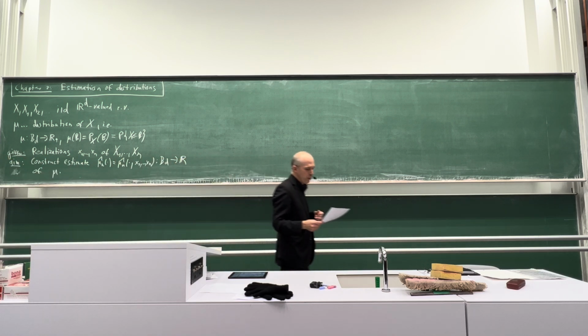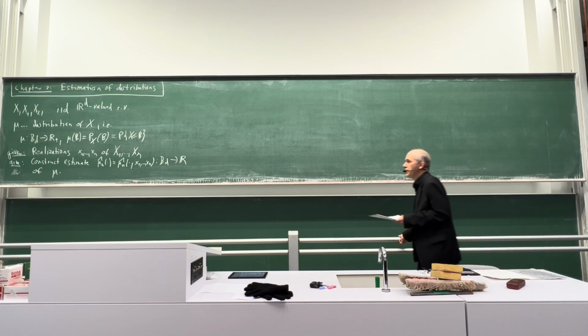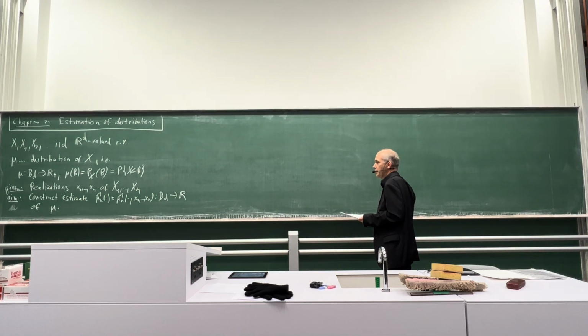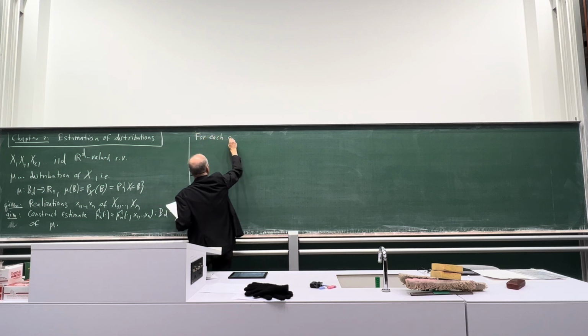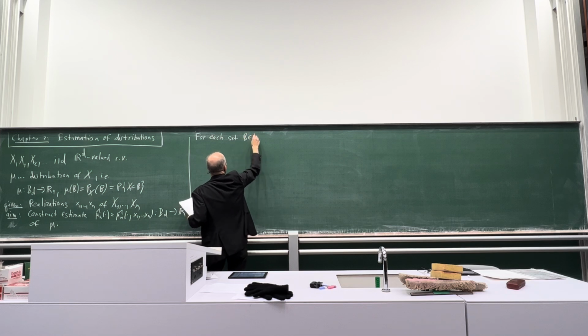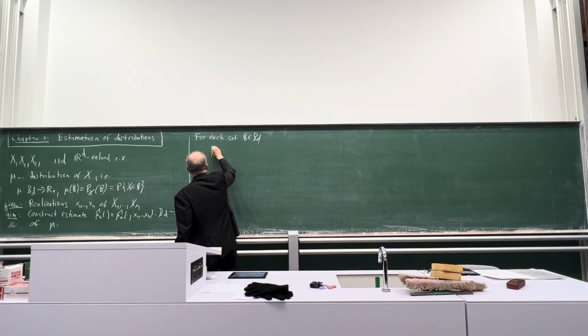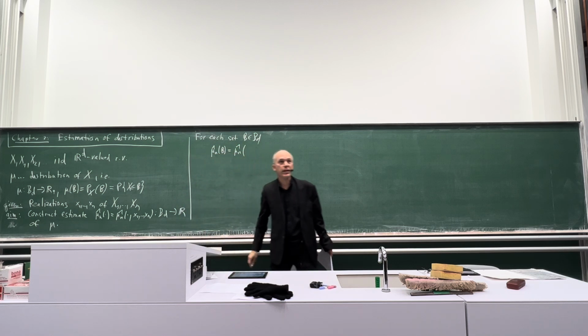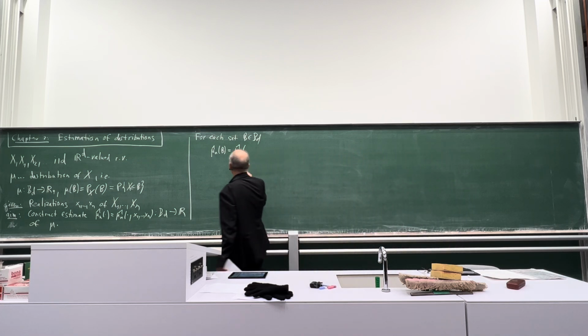And clearly, for each set B in B^d, you have that mu_n hat of B is an estimate of mu of B, and again it's mu_n hat of B with the realizations x1 to xn of capital X1 to Xn.